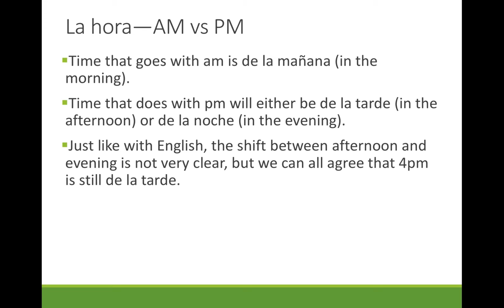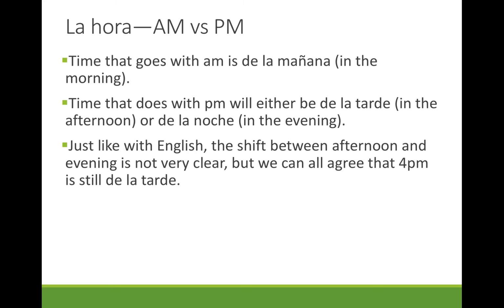Time that goes with AM is de la mañana, in the morning. Time that goes with PM will either be de la tarde, in the afternoon, or de la noche. And it is a magical shift between afternoon and evening. We know it happens sometime around 5 o'clock and 7 o'clock, or sometimes it depends on sunrise and sunset.